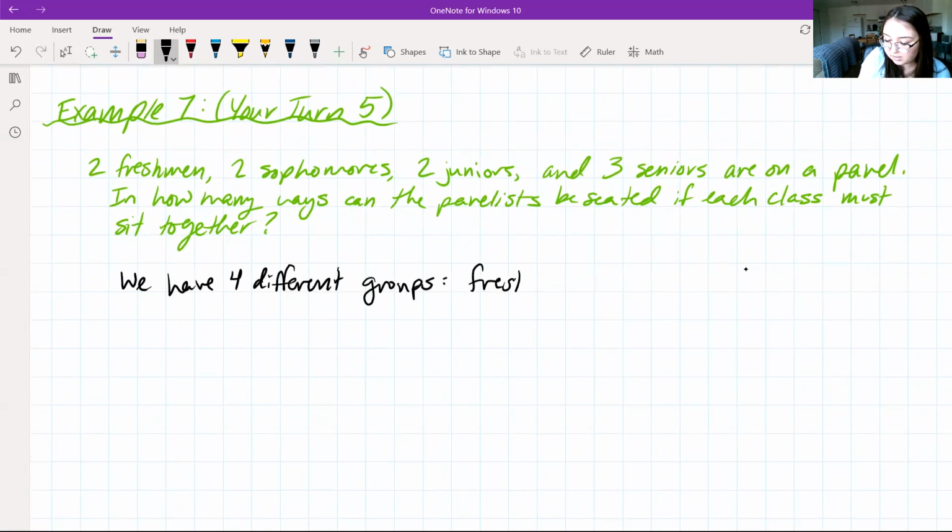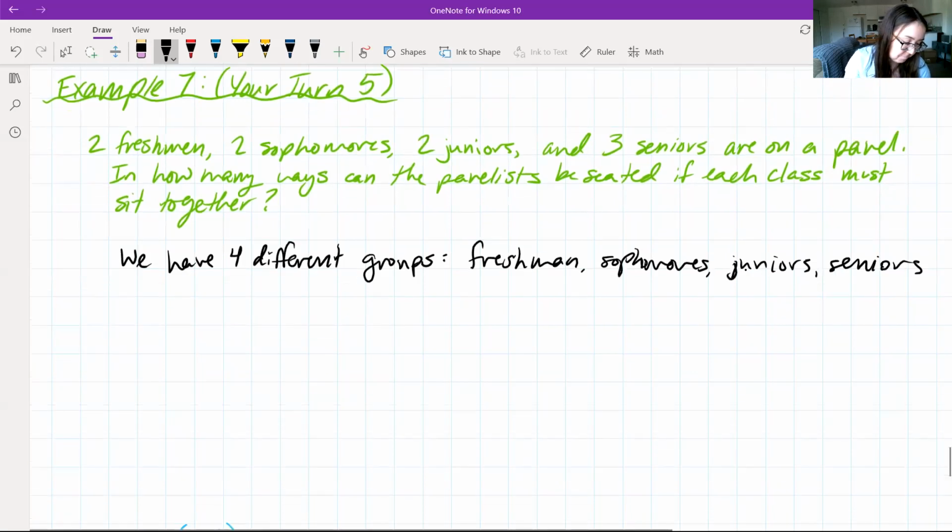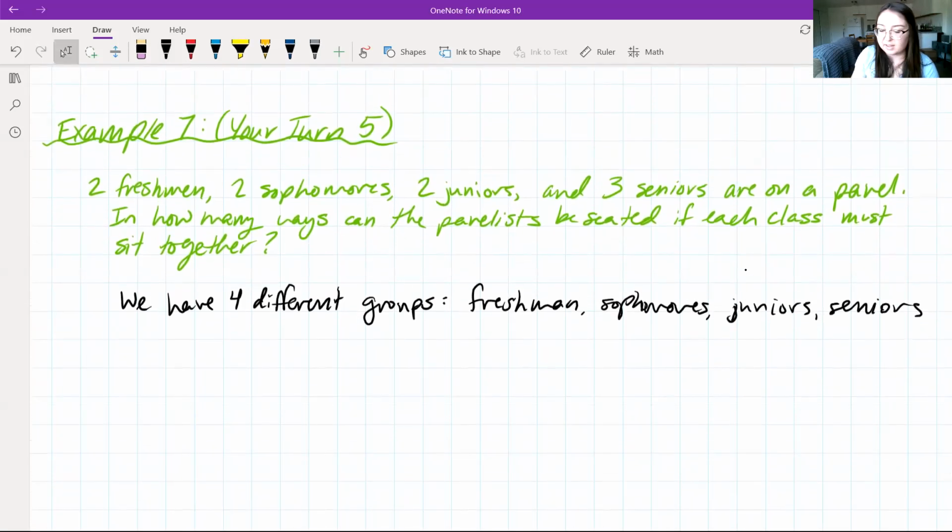That's our freshmen, our sophomores, our juniors, and our seniors. So if we want to think about the ways that we can rearrange them, they have to be by class, so they have to stay within their classes. They can move around within their classes, but they have to stay in their classes.